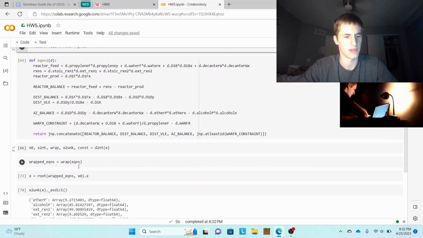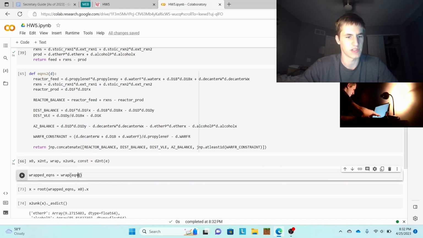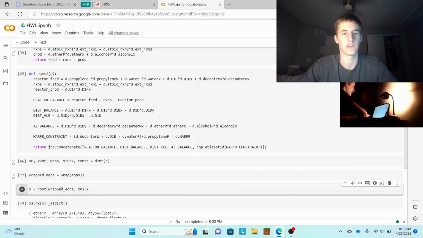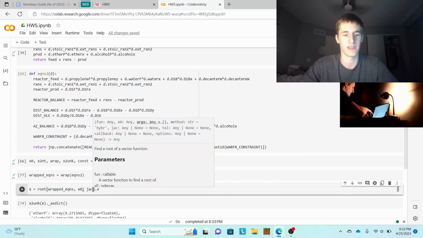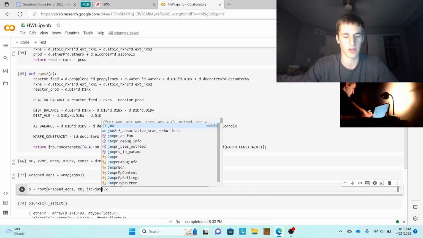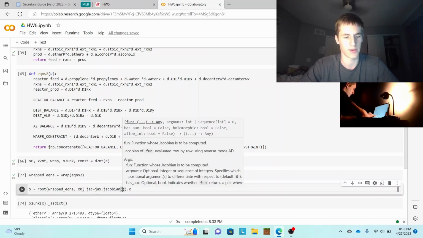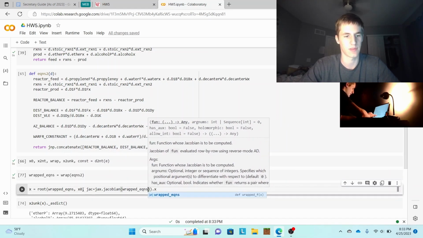Now what I want to do is make this equations 2. And then for this root, right? So the root can't handle this many functions, right? So what we actually need to use here is this Jacobian, our Jax that we imported, right? So Jax.Jacobian of our wrapped equations.